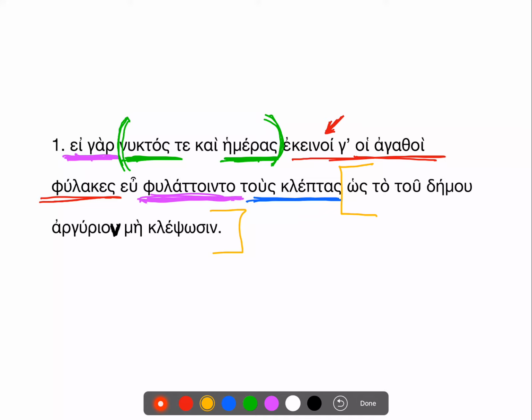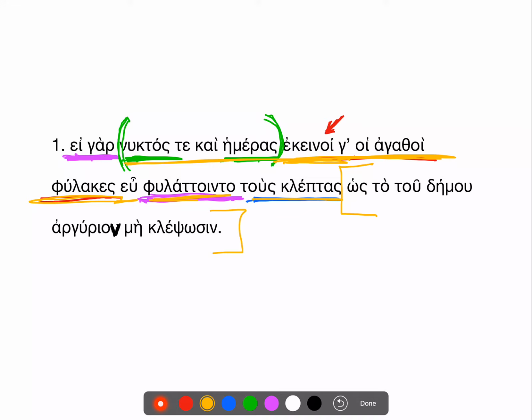I wish that, if only, those good guards were guarding the thieves well by day and by night.